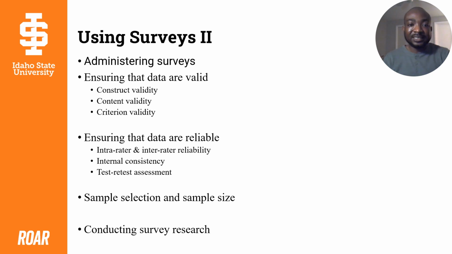Content validity assesses the extent to which the items in an instrument are well defined and represent all the facets of a given construct. So experts may be used during the instrument development phase to assess the accuracy of the items that are selected to measure the variable of interest.